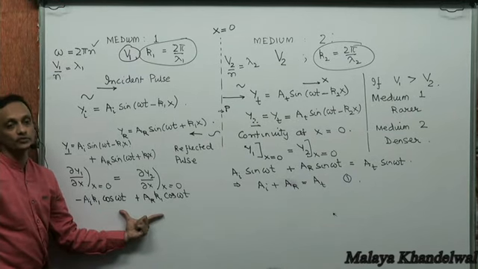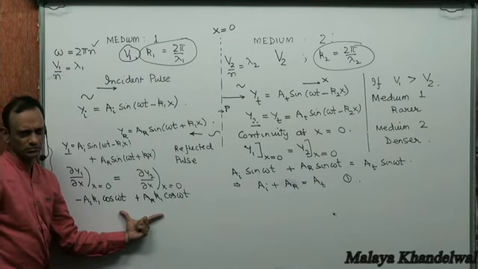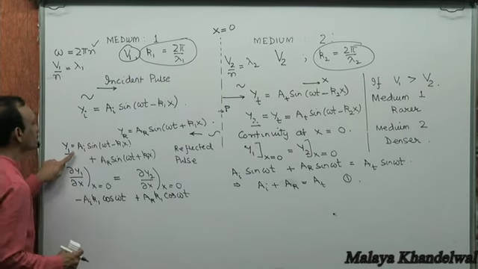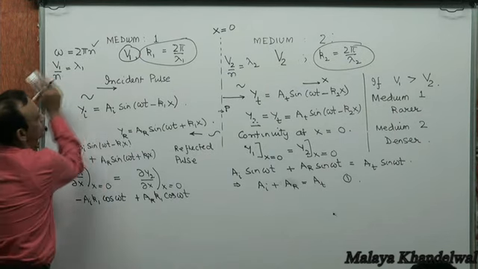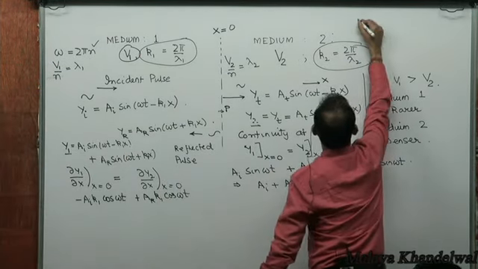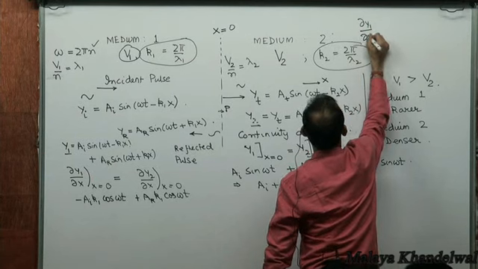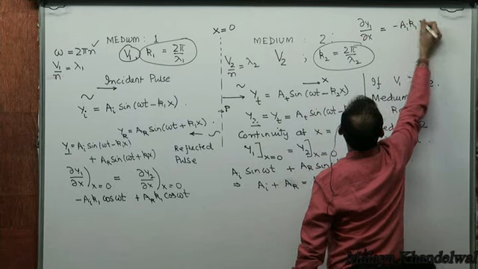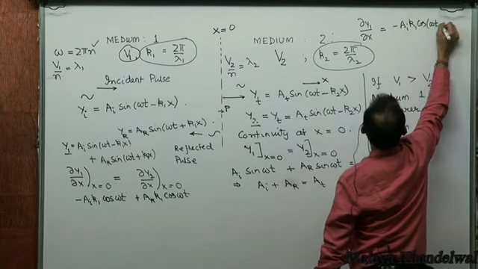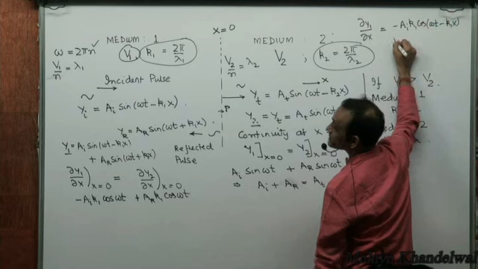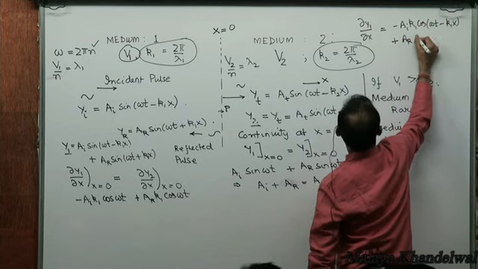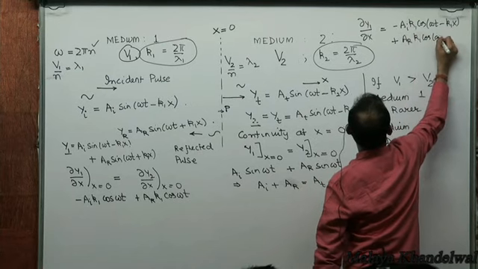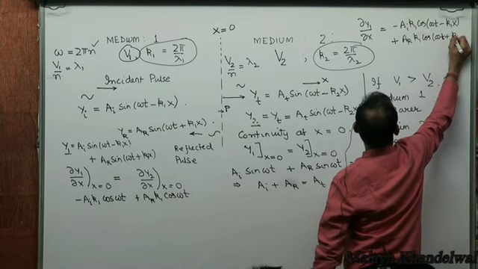Is this yes or no? Little confused? See, if I have to differentiate this, first of all, check this out. What is the derivative of y1 with respect to x in general? It would be minus Ai k1 cos omega t minus k1x plus Ar k1 cos omega t plus k1x, right?